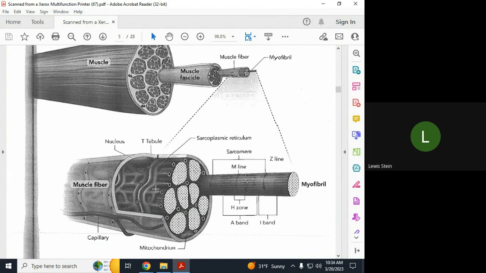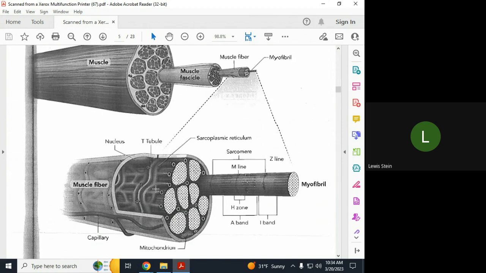It's roughly a 2 or 3 to 1 ratio. But the reality is, when it contracts, not only does it shorten, but if anything, it compacts in the middle. And depending on the shape of the muscle, what we call a fusiform muscle is wider in the middle and bulges.